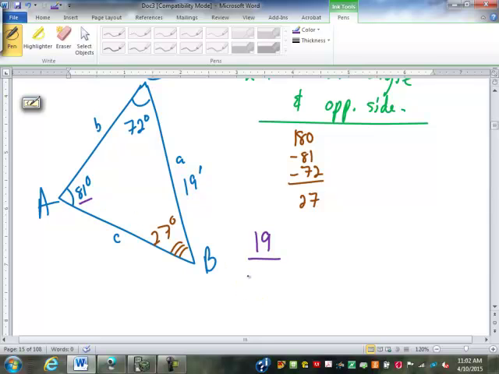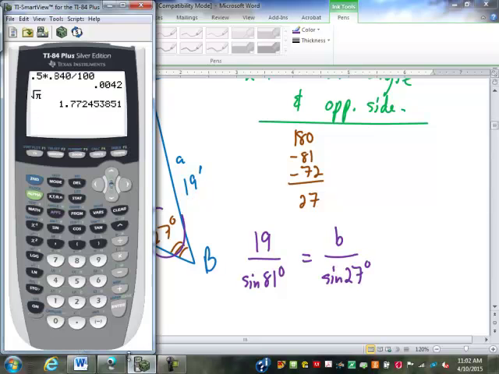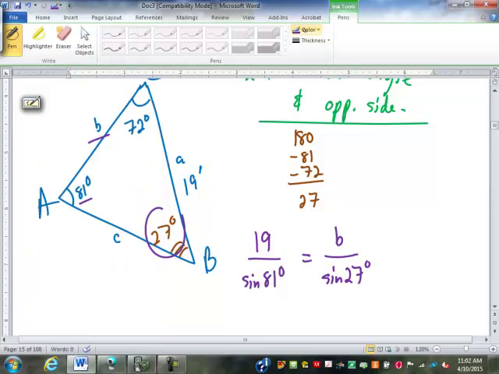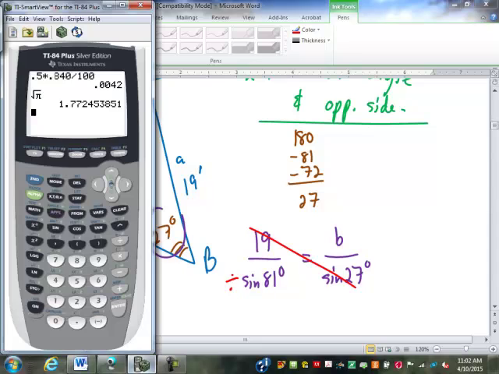81. So it's going to be 19 over the sine of 81 degrees. Now we can pick either of the other sides. I'm going to pick side B for now. What's its opposite angle? 27. So that'd be over the sine of 27 degrees. For this calculation, I'm going to cross multiply and divide: 19 times the sine of 27 divided by the sine of 81.